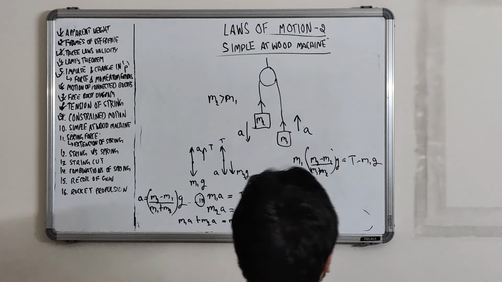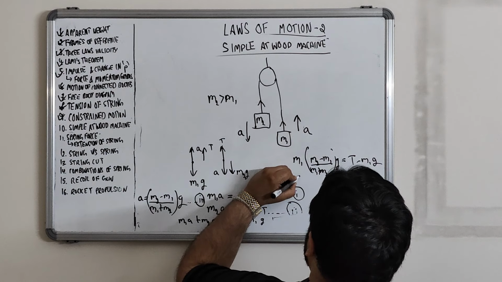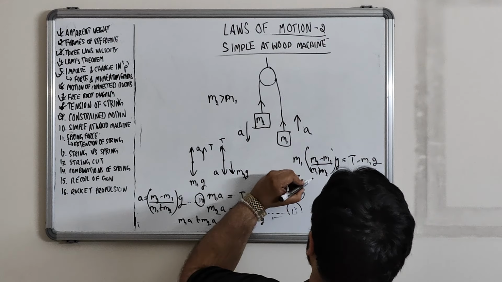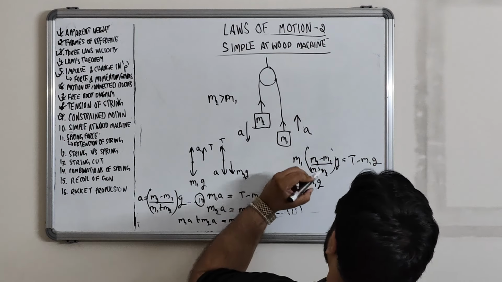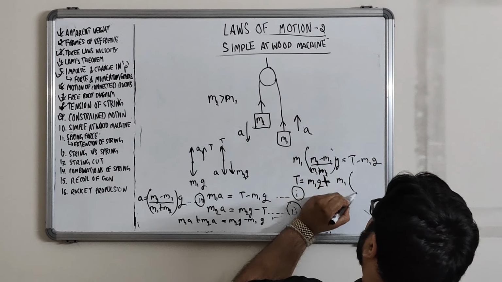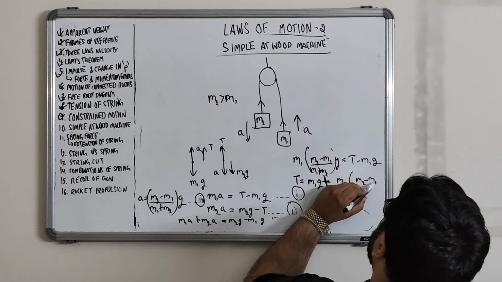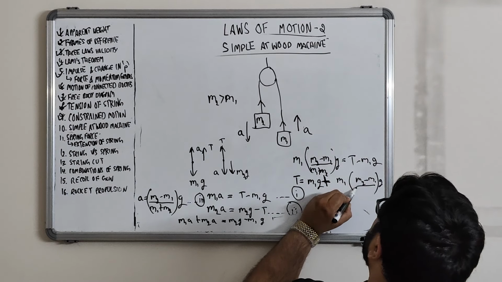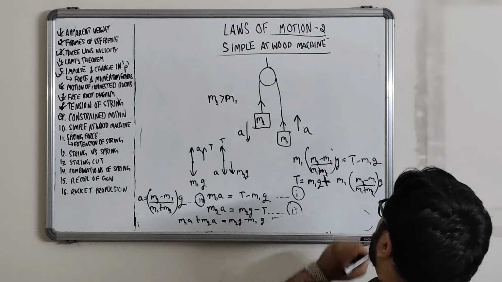M1G goes this side. So we get T is equal to M1G plus M1 into M2 minus M1 G upon M1 plus M2.